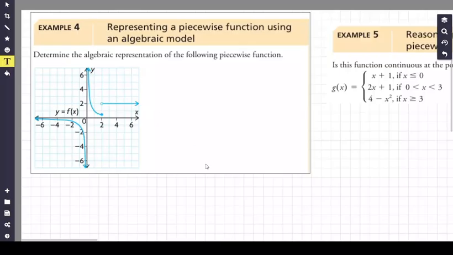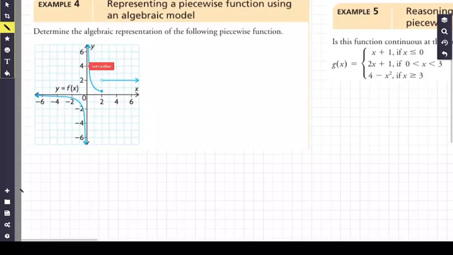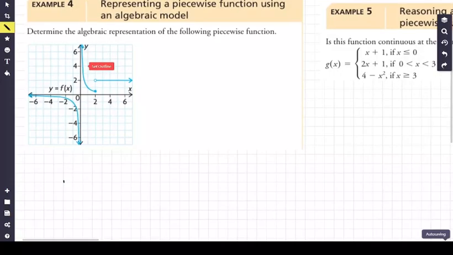Let's go ahead and write this down. Now, this is pretty easy. So one piece is the reciprocal function. So we'll have, let me write, y is equal to 1 over x when x is less than 2.